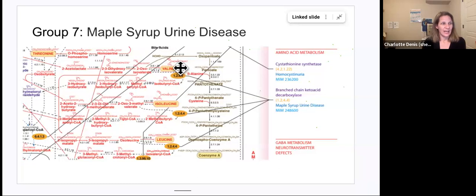And it turns out that valine, isoleucine, and leucine, when present in the blood in high quantities, can cause things like seizures and brain damage under worst conditions. They also, when excreted, make the urine smell like maple syrup. Therefore, the name of the condition, maple syrup urine disease.